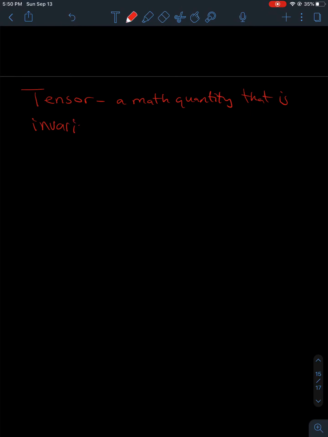And what does this word invariant mean? Well, something is invariant when it doesn't change under a change of coordinates. So a tensor is going to be a mathematical quantity that doesn't change when you change your coordinate system.